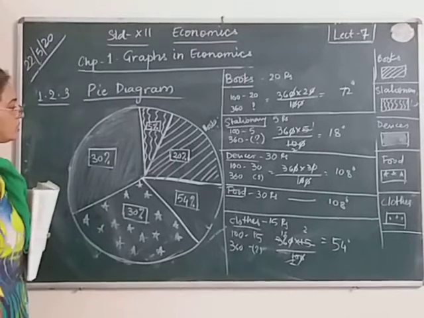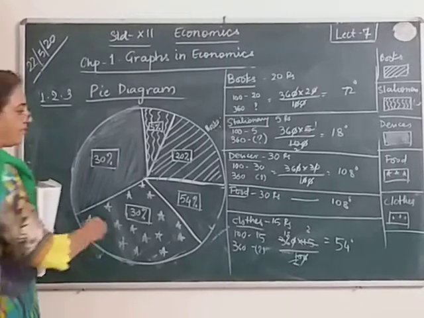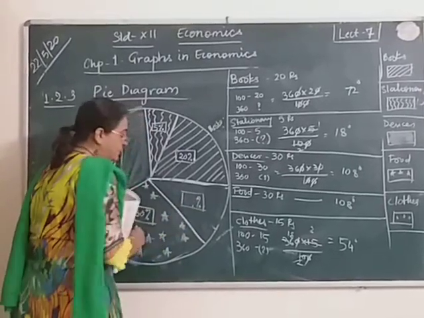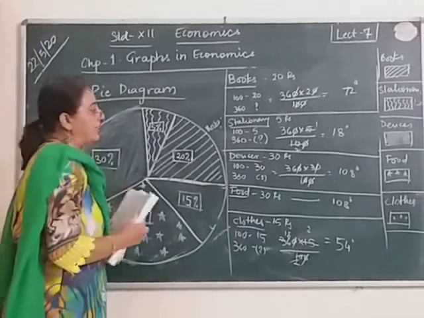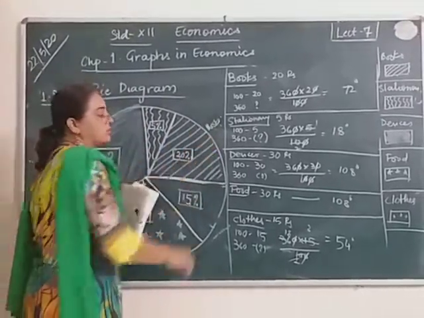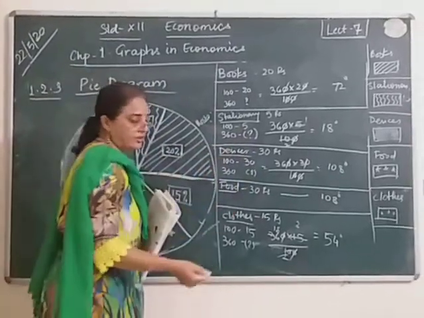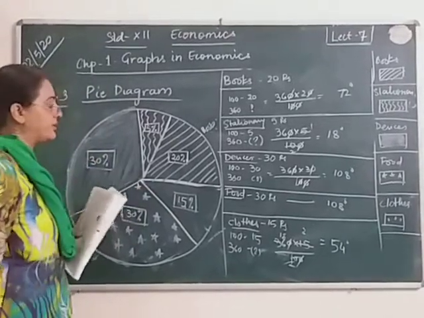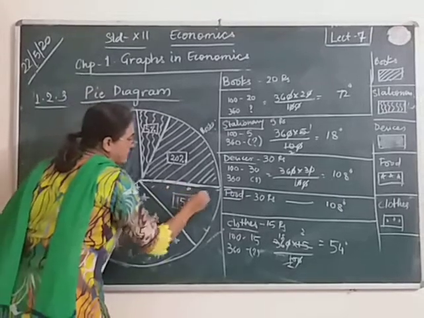Then we have got clothes, that is 15%. Okay, I have taken degrees here and by mistake, this is 15. Such mistakes are very much possible when we are having figures in rupees also. We have figures in rupees, in percentage, and in degrees, so this confusion can happen and you have to take care of it, double check. Okay, then we have got dots here.